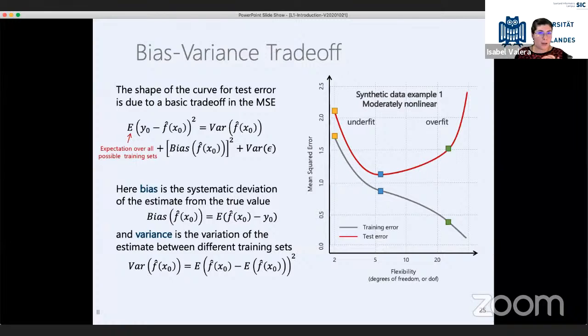This is going to give 0 error during training because I basically interpolate a function that joins the different points. But if I add a new point that I never saw during training, of course my error is going to be greater than 0, unless I exactly get the same data point as before. But in a continuous setting, the probability of that is 0. So we are going to do a bad job.